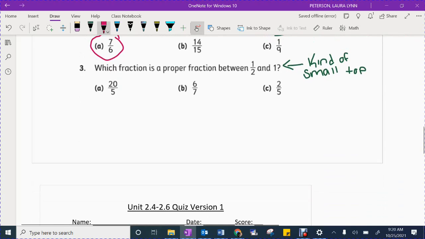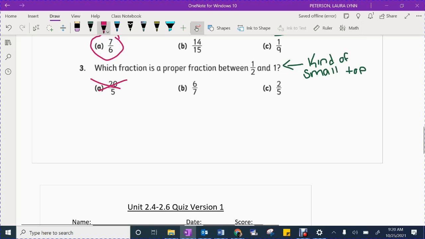Last one for this section is which fraction is proper between 1/2 and 1. Well, that just means you're looking for when the top number is only kind of small compared to the bottom. So let's look at answer A. 20/5. The top number is way bigger than the bottom, so that actually cannot work out.